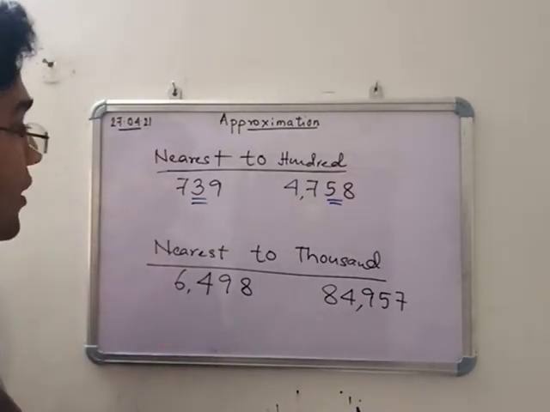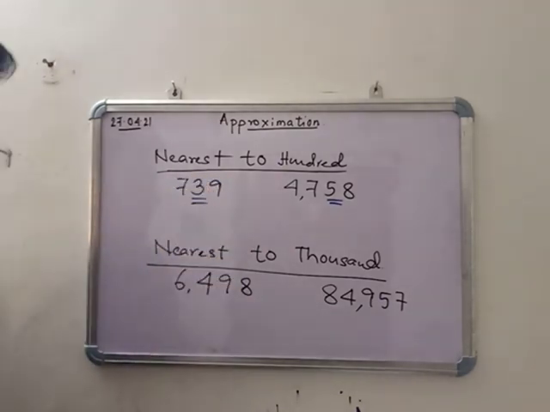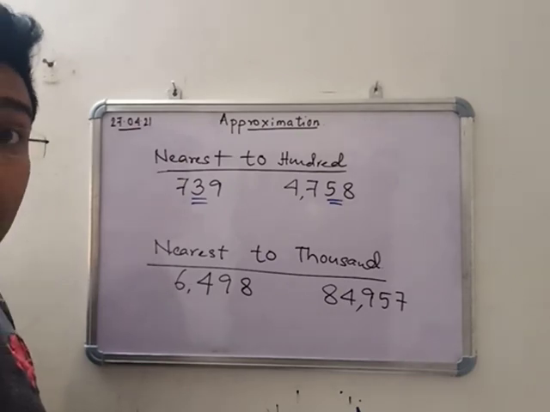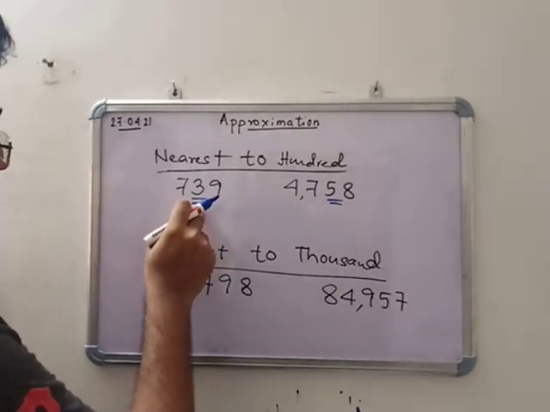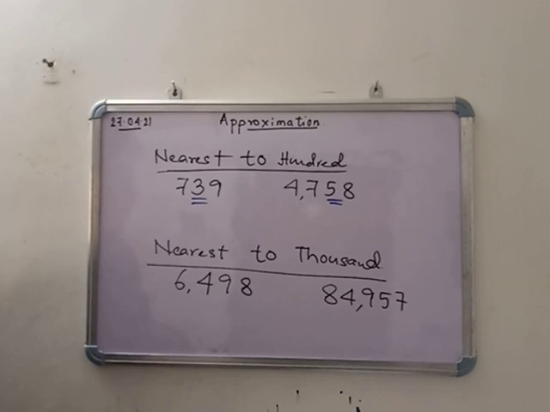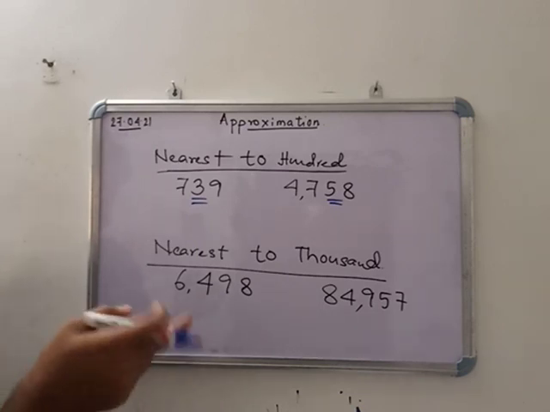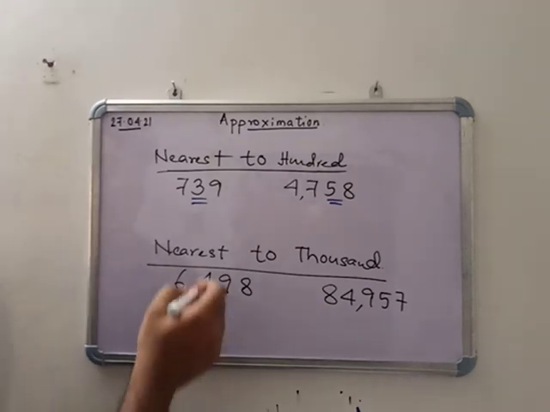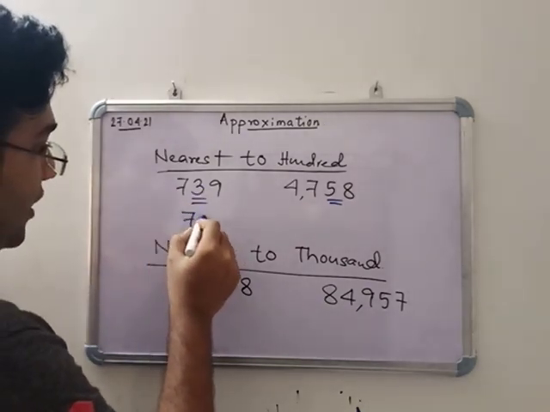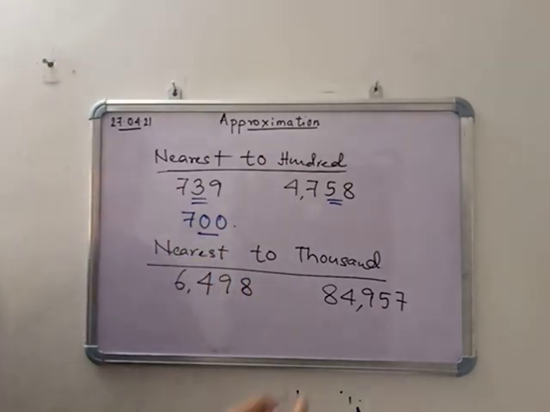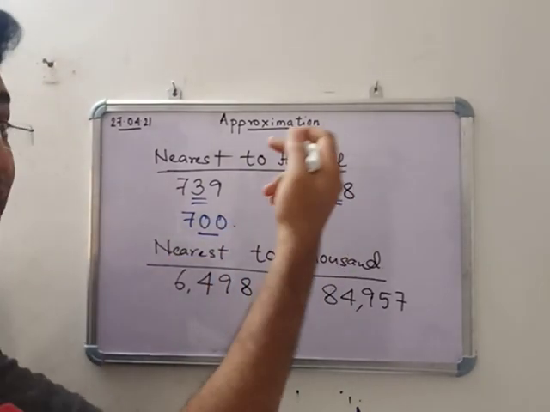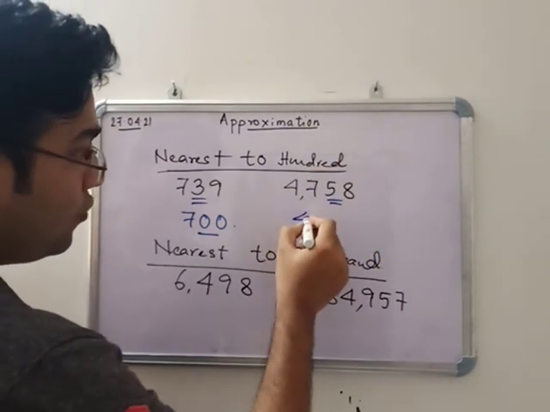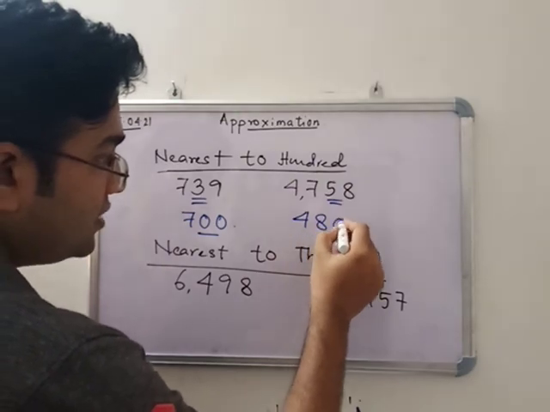First, 3 is less than 5, so you choose 0. That means it is 700. And 5 is 5 or greater than 5, so you add 1. That means 4800.